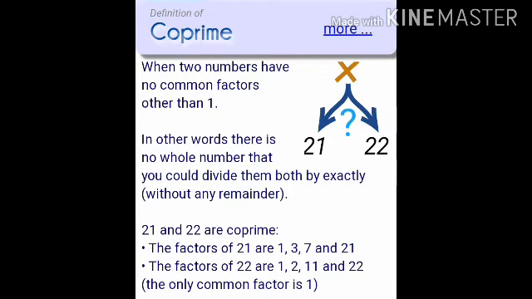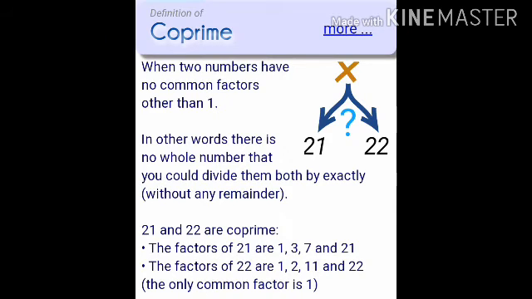Next, the definition of coprimes. When two numbers have no common factors other than 1, they are called coprime, or the numbers which have only 1 as the common factor are called coprimes or relatively prime. In other words, there is no whole number that you could divide them both by exactly, that means without any remainder.